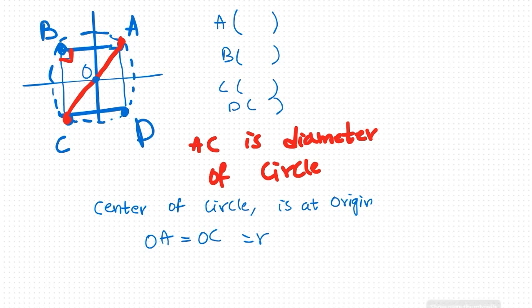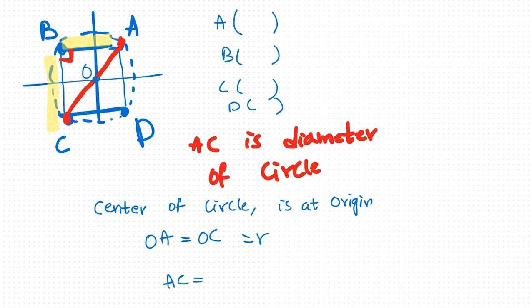So we know that the side lengths of BA and BC are both 2, and we know that angle B is 90 degrees. So we have an isosceles triangle. If the angle is 90 degrees, the other two have to be 45. So the total length of AC is going to be 2 root 2.